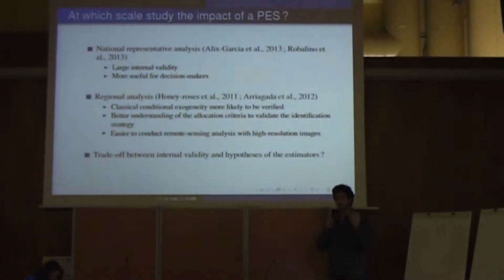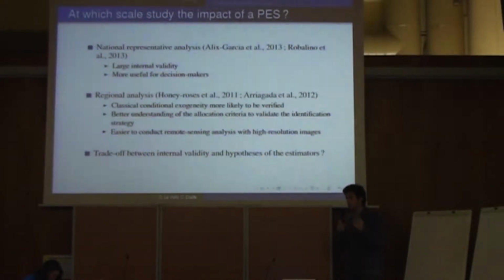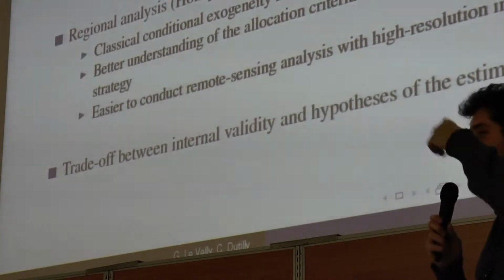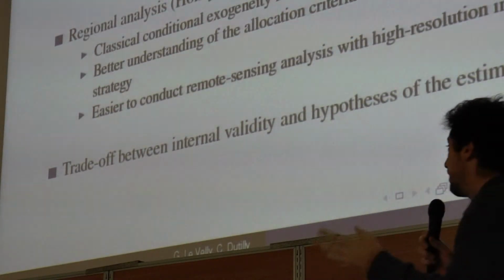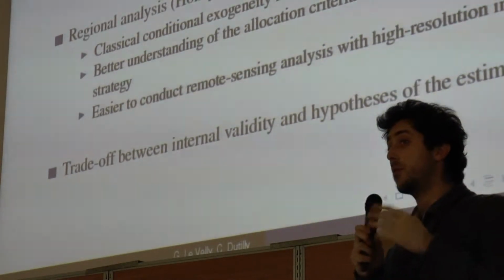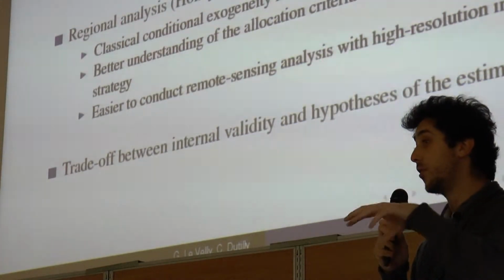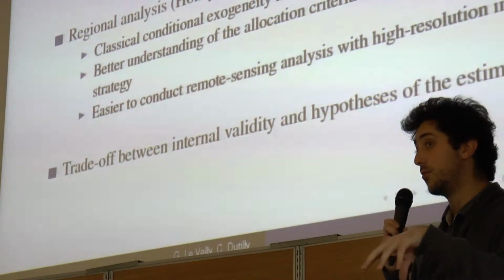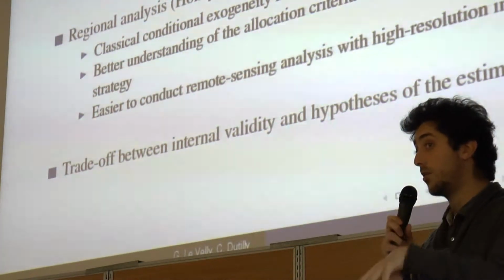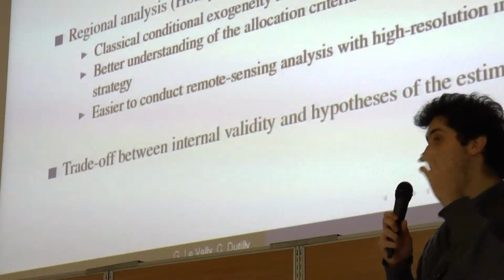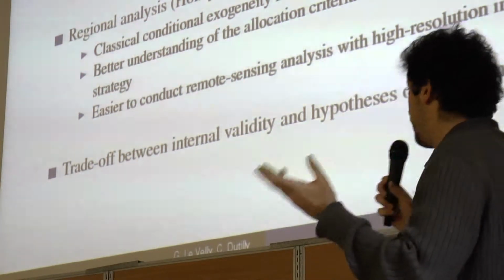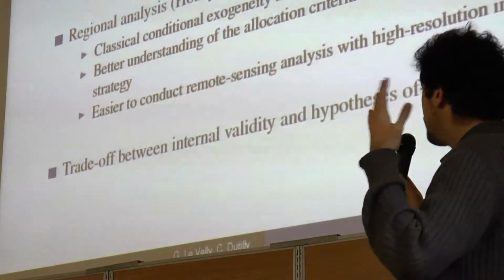But on the other hand, when you're working at regional level, you have more chance to comply with your hypotheses that no unconfounding factor is influencing both treatment and outcome. And since for PES, lots of these confounding factors are geographic factors and agroecological characteristics, working at regional level gives you some kind of trade-off.